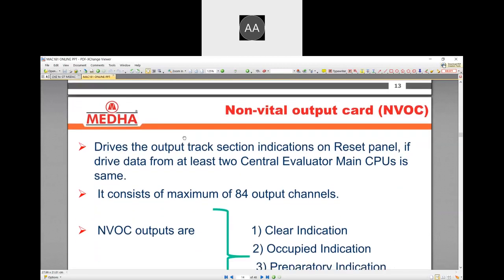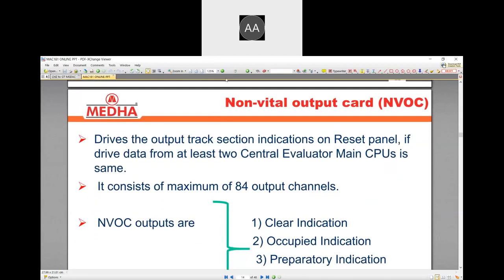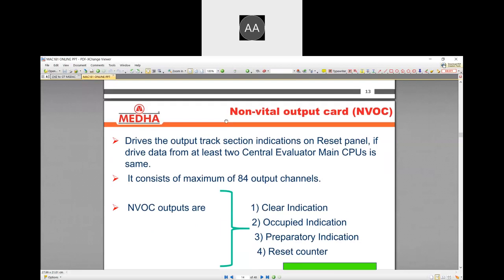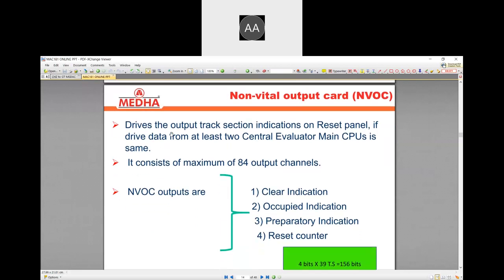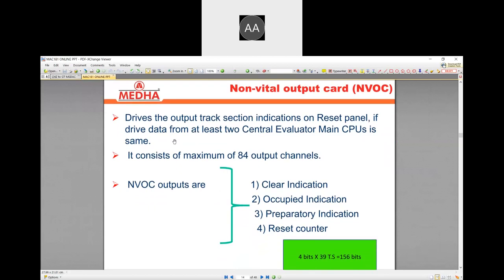Then there will be one more card, that is NVOC, the non-vital output card, that will deal with all the non-vital activities, such as whether the section is clear or occupied indications, whether the PR relay is picked up or not, and reset counter indication.